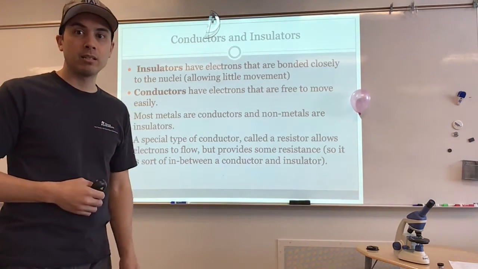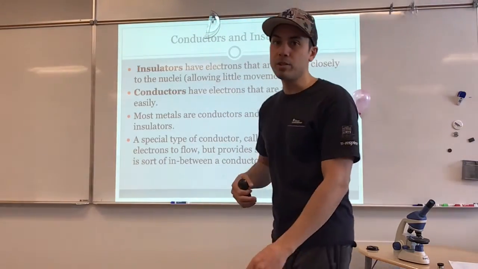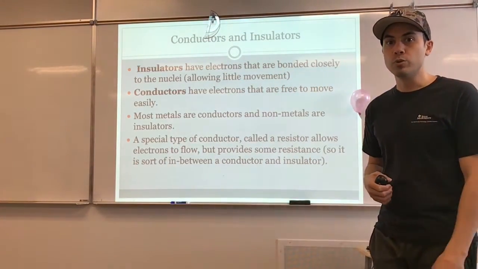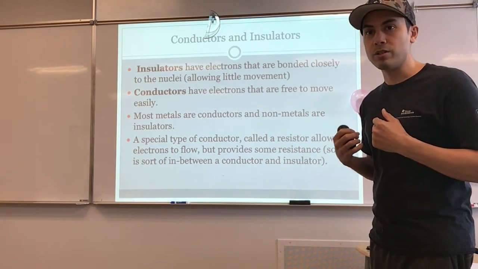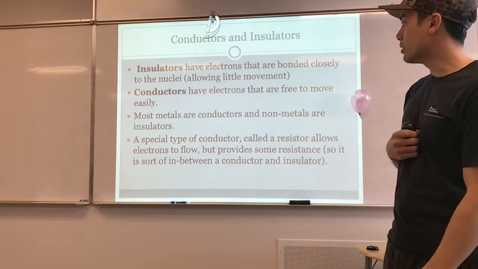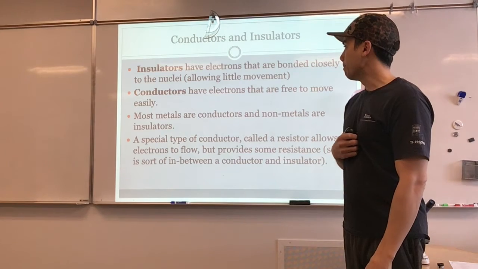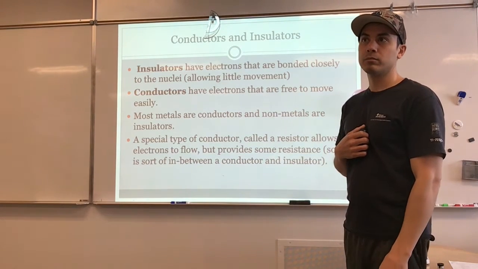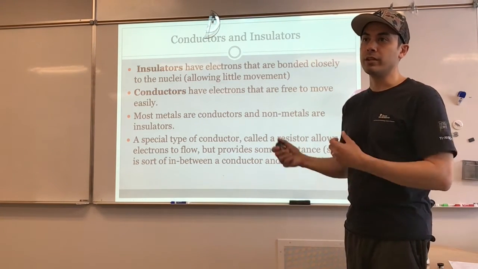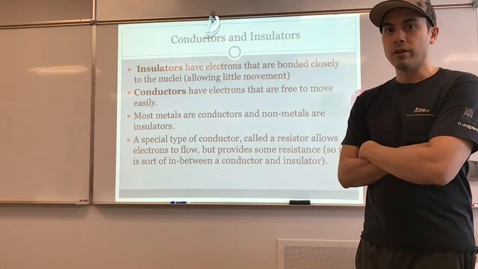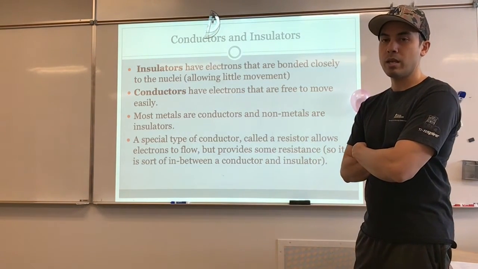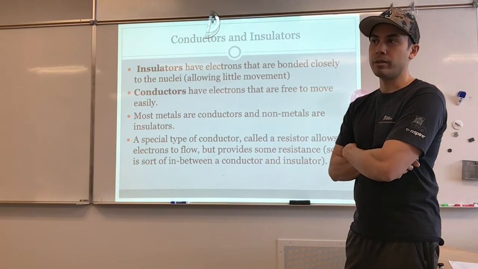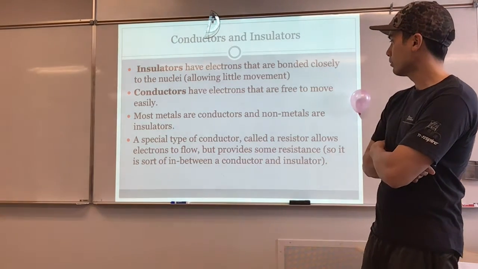This is exactly opposite to conductors, which will easily give up electrons and accept them, and electrons can flow through these materials. You might remember from our unit in chemistry, most metals are conductors and non-metals are good insulators.